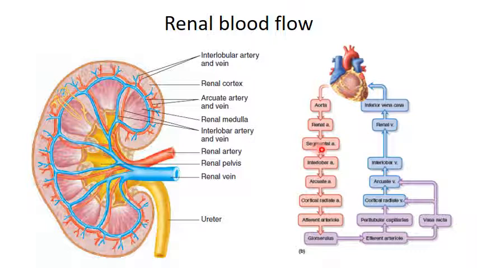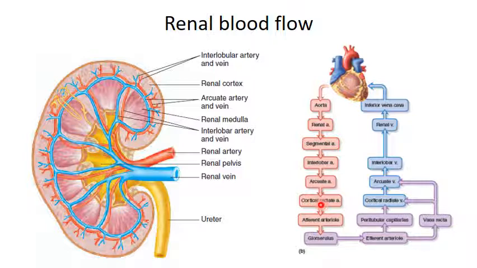The renal artery, upon entering the kidney, divides into segmental arteries. Segmental arteries then give branches called interlobar arteries, which extend through the renal column and reach the corticomedullary junction and give off branches called arcuate arteries.